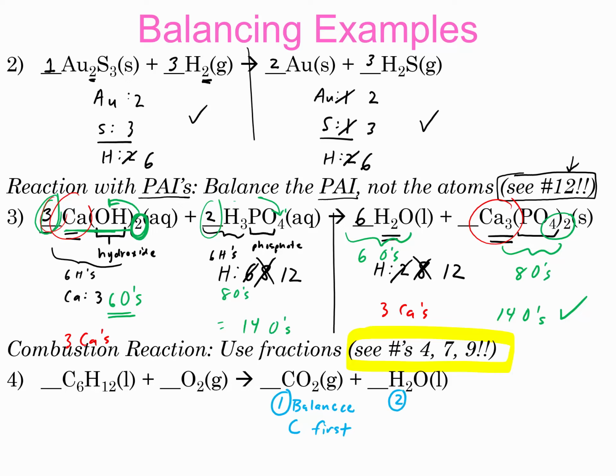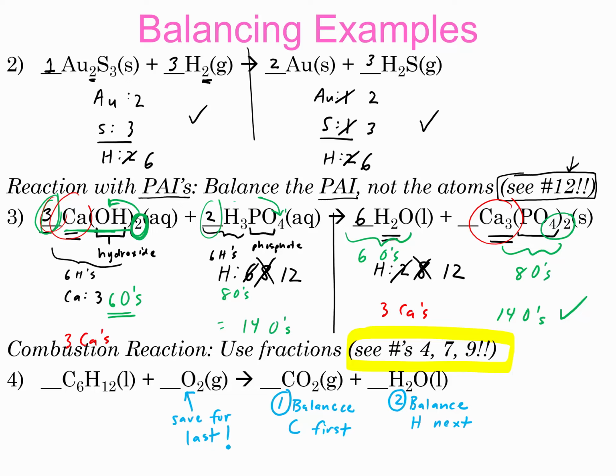If you do it in these steps, they're a lot easier than guessing and checking randomly. Then balance the H's next, and save the reacting oxygen for last.